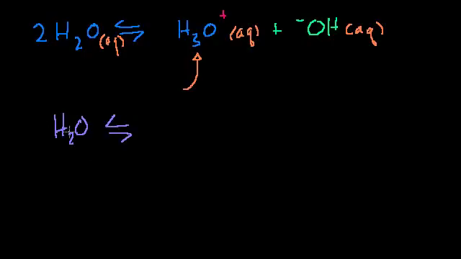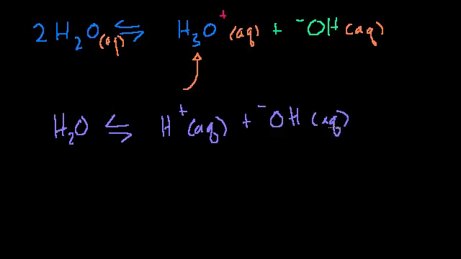H2O dissociating in itself, really, into a hydrogen ion in an aqueous solution, plus a hydroxide anion in an aqueous solution, or a negative ion. These are the same thing, and I write it this way because this is actually the state that happens, that you don't actually have these protons just independently. They actually do join onto another water molecule and form a hydronium ion. But these are the same exact concept.